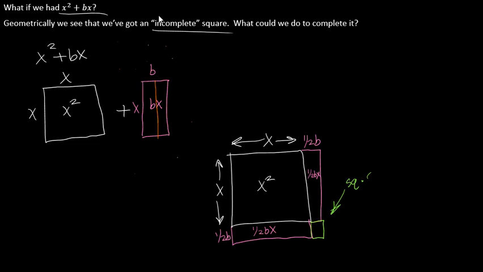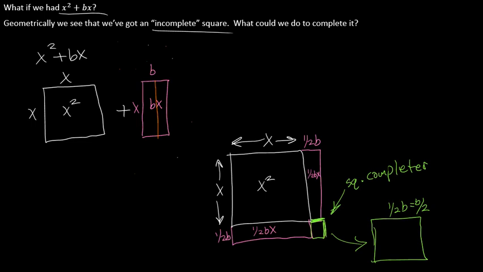We'll just call that the square completer. That's what's missing. If I blow that up larger, okay, this side here, obviously, is the same length as this side here. So that would be 1/2 of b, or b over 2.